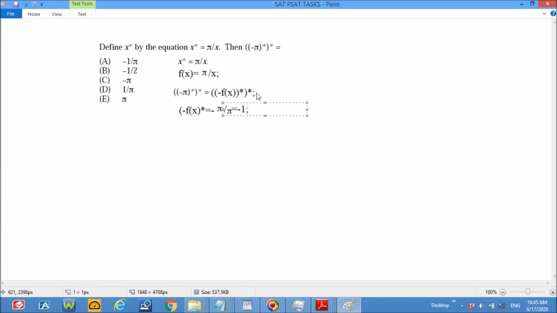We can rewrite it as minus f of minus p, close braces, star, close and star again, and we need another braces here.